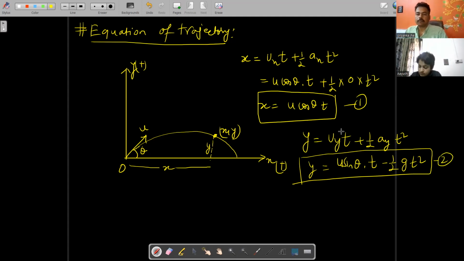Whenever we find the equation of trajectory, we can see that we have theta, we have u, and x and y we have to keep. But we can see one extra parameter, that is time, t.